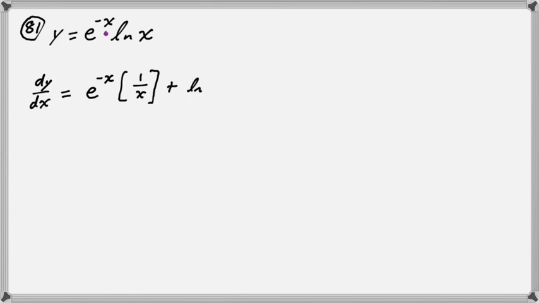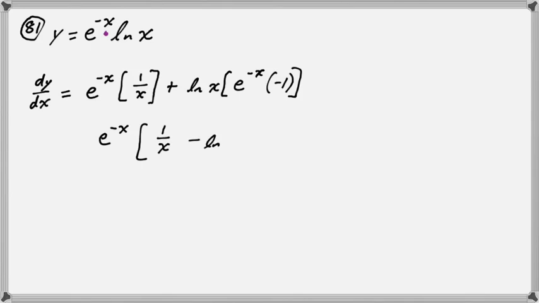Plus, bring down the natural log of x times the derivative of the first part. The derivative of e to the negative x is e to the same power times the derivative of the power, which is negative 1. So if I was to factor out an e to the negative x, you would have 1 over x minus ln of x.